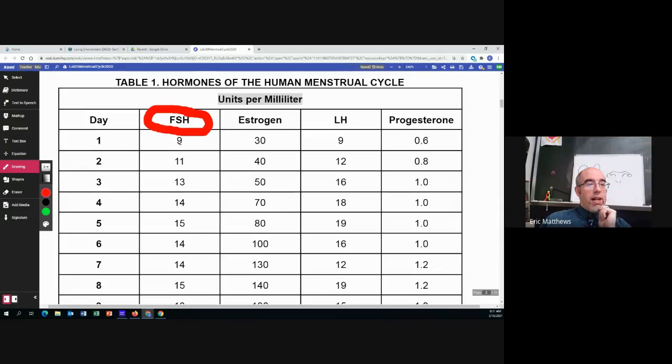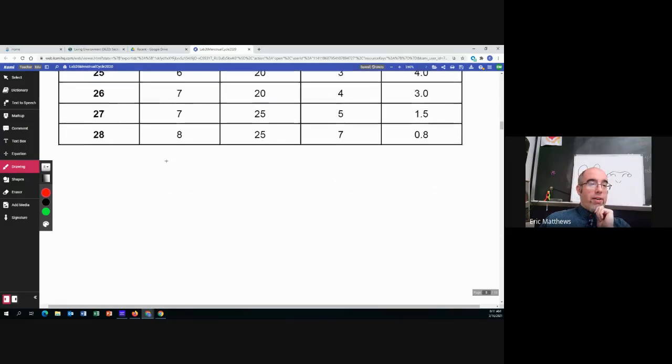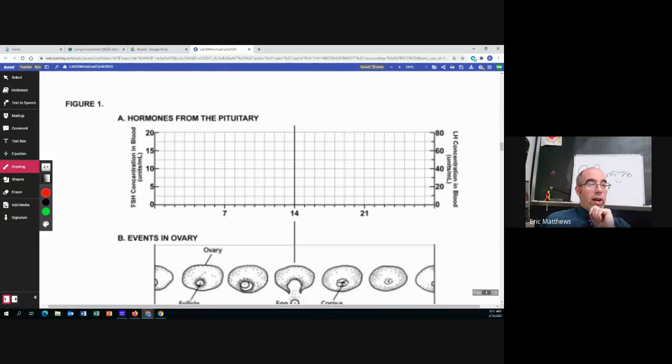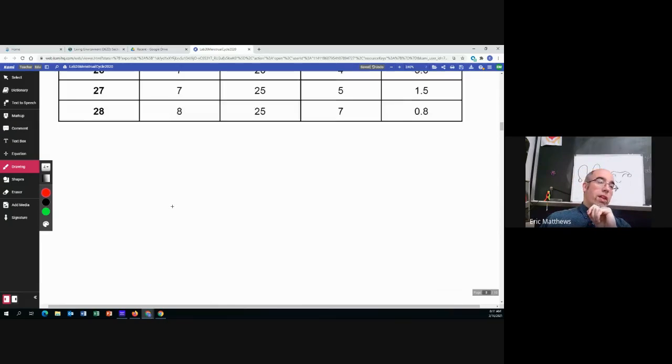Day 1 is 9, so we come back down to the graph. Now, if we take a look, day 1 would be right here. 1, 2, 3, 4, 5, 6, 7. So each line is 1 day. And it was at 9, which should be just below 10. Okay. Then we come back up.